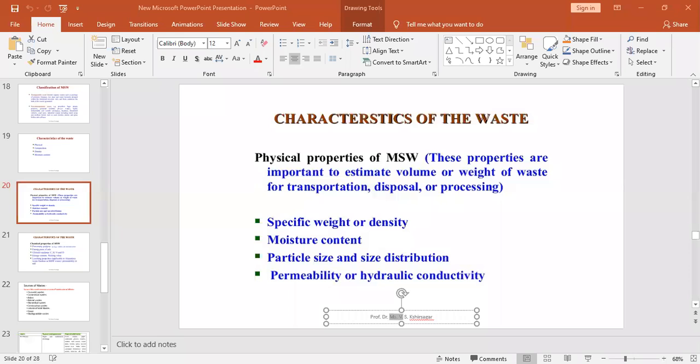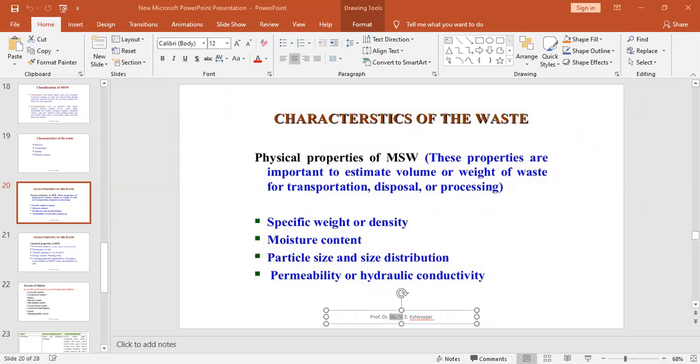Permeability, in the sense, is allowing the water to flow. The higher the porosity, the more water flows through that particular material, and if the porosity is low, then there is more rigidity. So hydraulic conductivity and permeability are the same term: how easily the fluid is allowed to flow in the particular porous material is nothing but the hydraulic conductivity. Are you getting how easily the fluid is allowed to flow in the particular porous material?